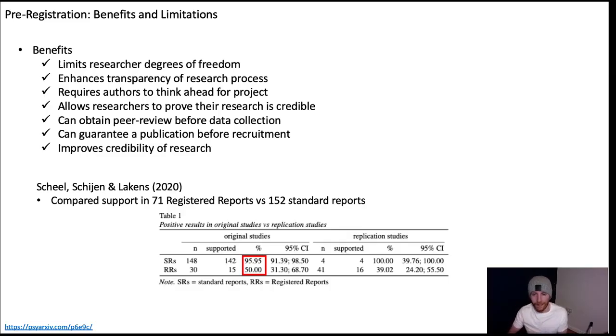And what they found was, again, similar numbers, 100% of the standard reports that weren't pre-registered found support for the replication study versus only 40% found support for hypotheses of studies that replicated in the registered report studies. Okay, so again, it's a little bit less, 40% versus 50%, and that might be because people replicate studies that they don't expect to replicate really anyway.